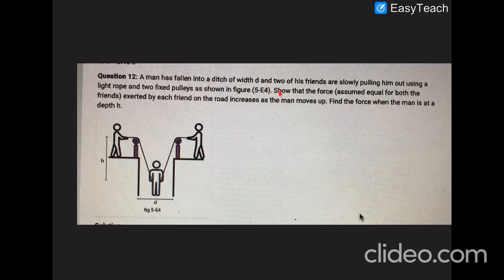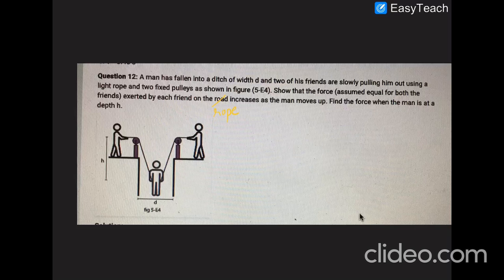What we are required to do is show that the force is assumed equal for both the friends. That means whatever force this friend of his is pulling with, with similar force this friend is also pulling, right? And at the end we have to prove that the force exerted by each friend on the rope increases as the man moves upward.